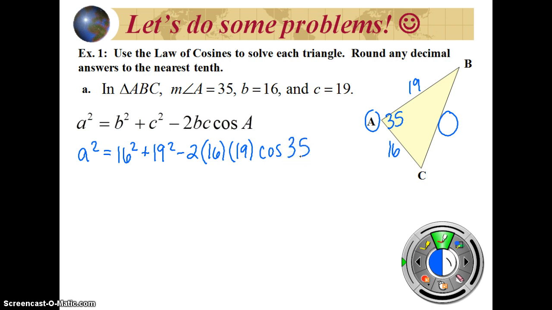So we need to start simplifying everything on the right-hand side into our calculator. So 16 squared is 256 plus 19 squared is 361 minus 2 times 16 times 19 is 608 cosine of 35. 256 plus 361 is 617.